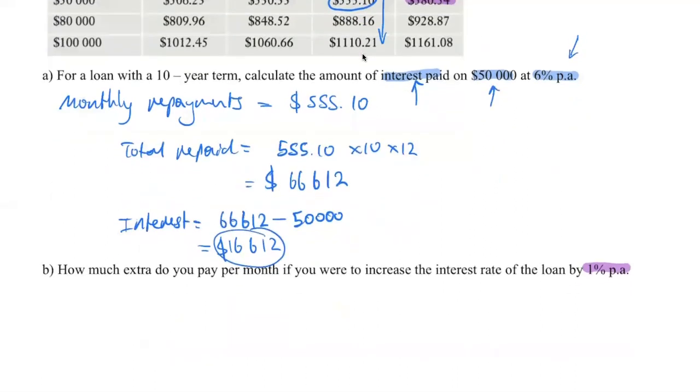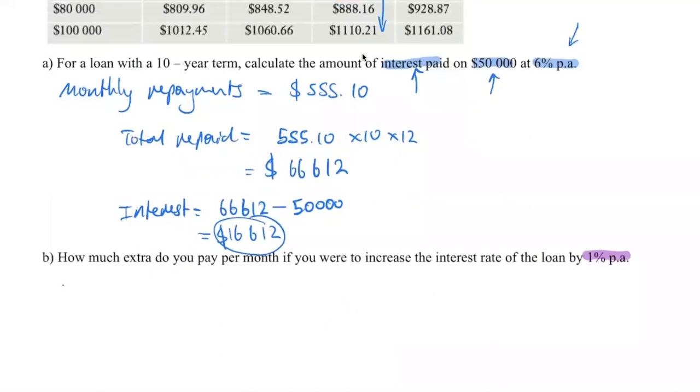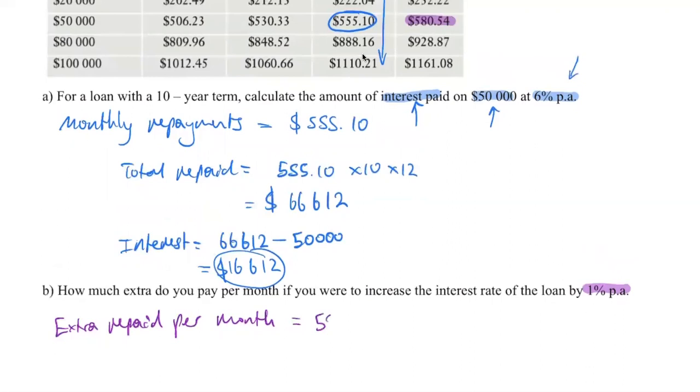So how much extra do we pay per month? Well, extra repaid per month. It's always good to tell the person reading our work exactly what we're doing. So extra repaid per month is equal to, if we just go back up, $580.54.